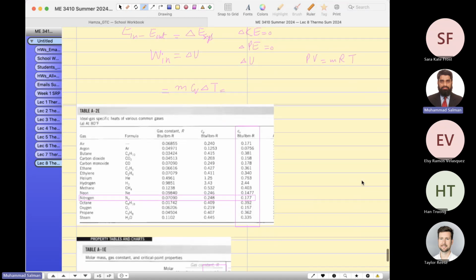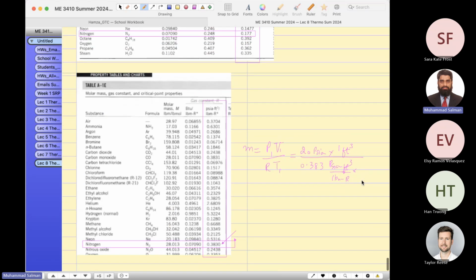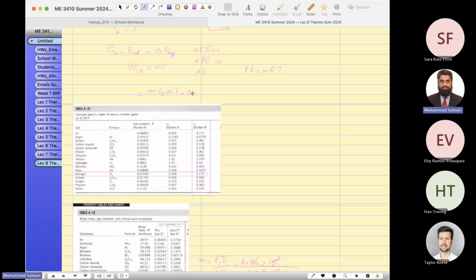And the temperature T1 is 560 Rankine. This Rankine is cancelled, and we get 0.09325.